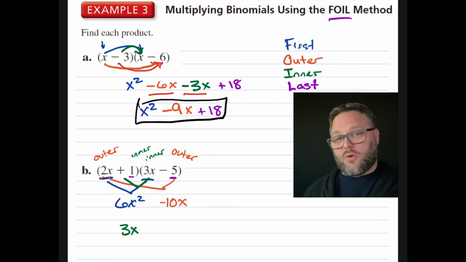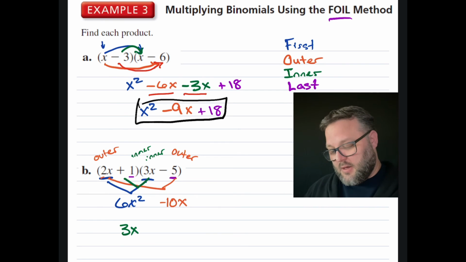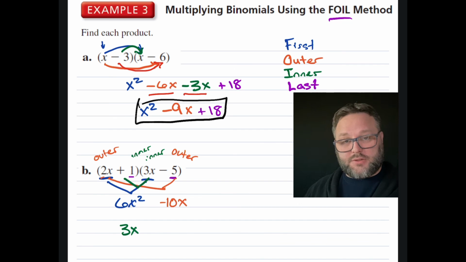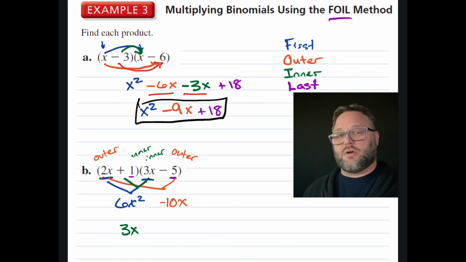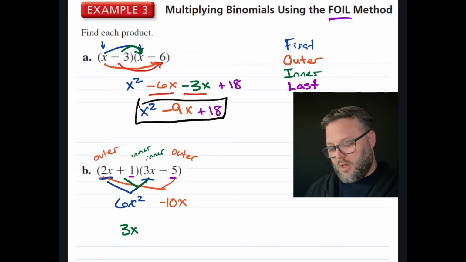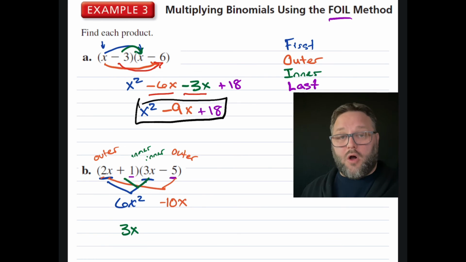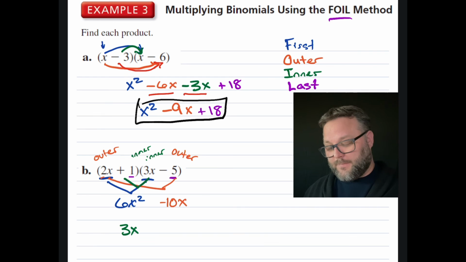So now we see where all those names came from. First, outer, inner, last. Our first terms are the first term of each group. Our outer terms are the terms that are on the outside of the whole group. The inner terms are what's on the inside of all groups. And our last terms are the last terms of each group.